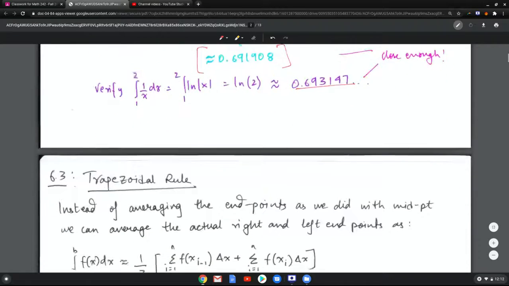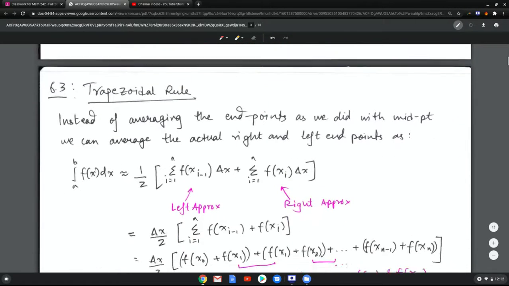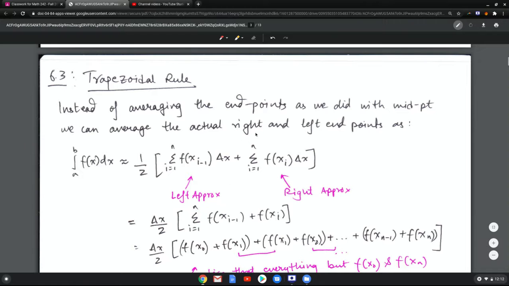The second method of approximation is called the trapezoidal rule. Now, instead of averaging the endpoints as we did with the midpoint, we average the actual left and right approximations. So I add the left approximation to the right approximation and divide by 2.